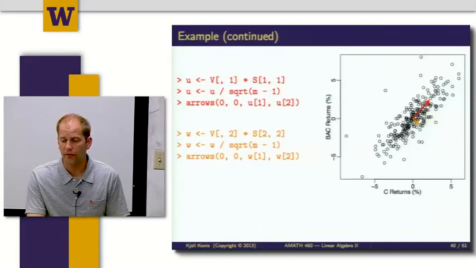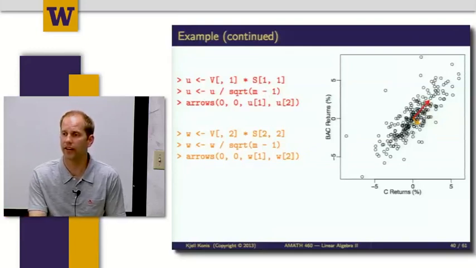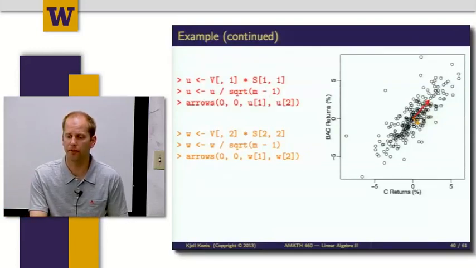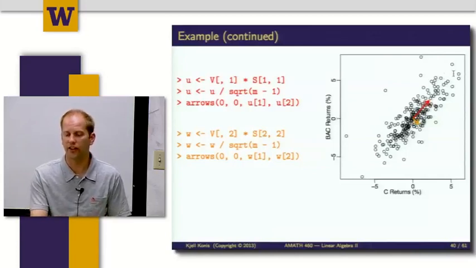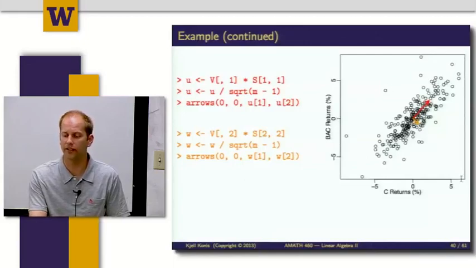And now, not only does this plot tell you what the directions are, so the red direction is the direction in which the data are most spread out, it also gives you the relative length. So you can compare the length of the red arrow to the length of the orange arrow to get some idea of the ratio of how things are spread out in the red direction versus in the orange direction.